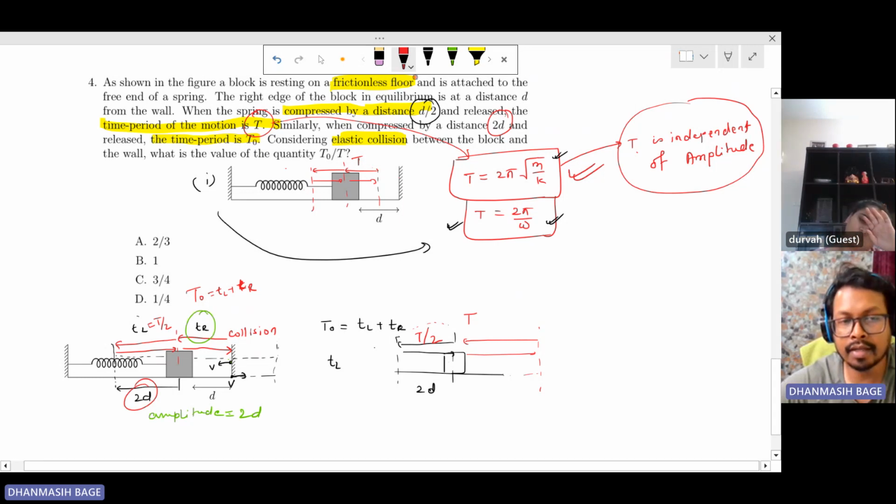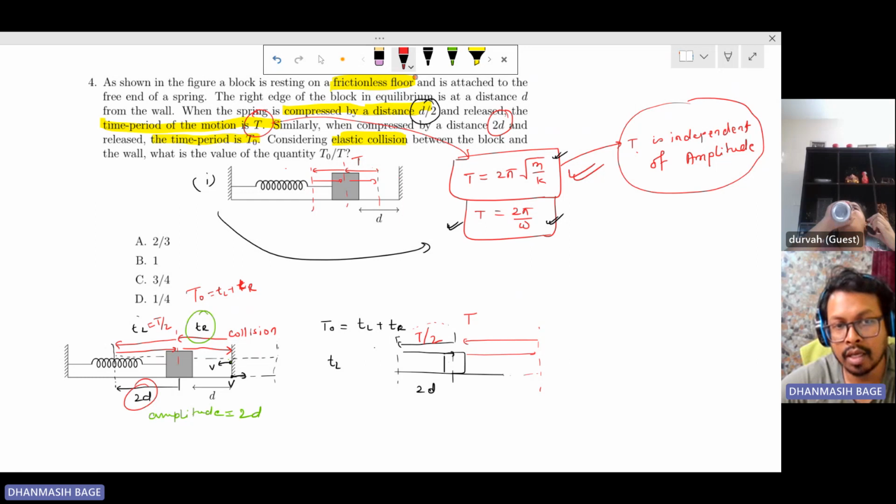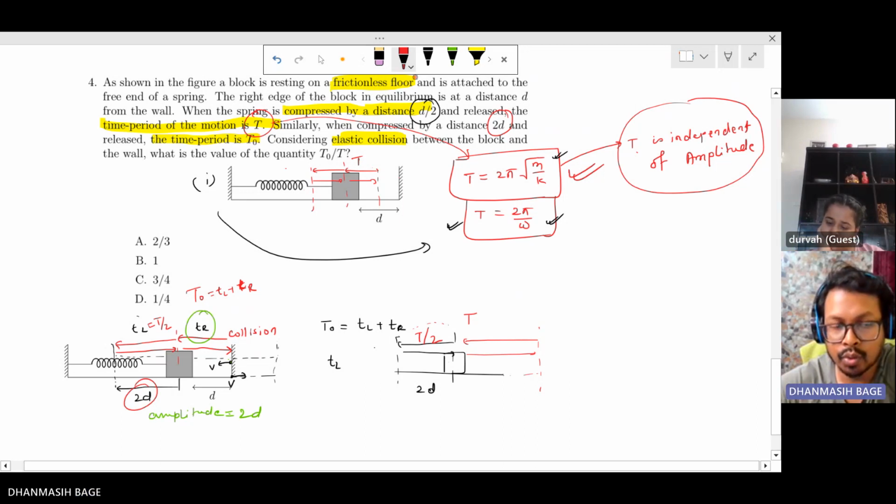But the moment it starts the right journey, it doesn't even know that something unusual is going to happen unless it collides with the wall. The moment it collides with the wall, everything changes, right? Then the time period changes. It will collide with the wall when x is equal to d here.